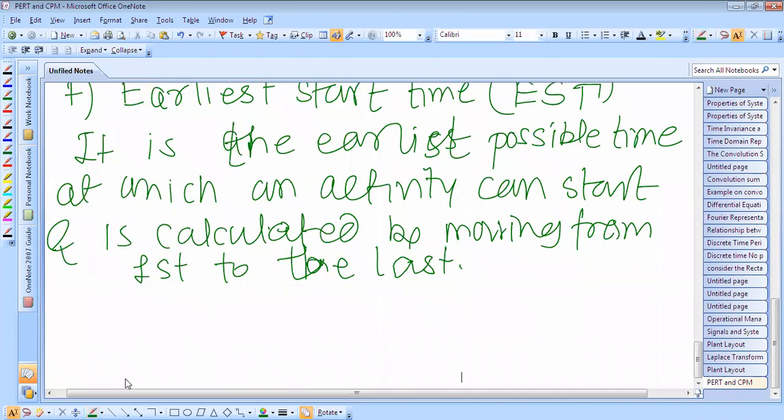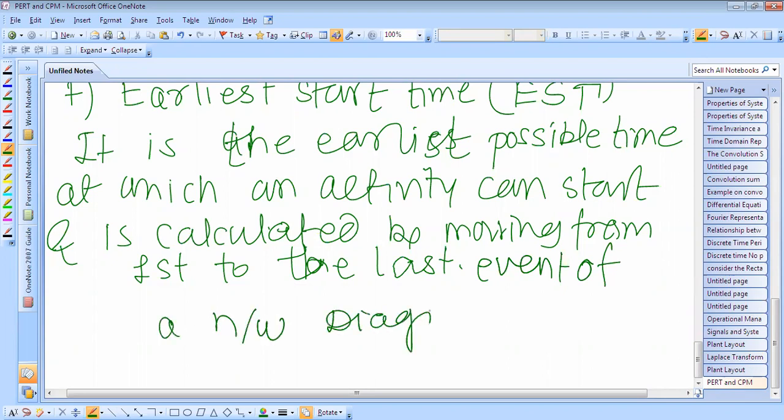From the first to the last event of a network diagram. That is called the earliest start time. It is the earliest possible time at which the activity can start, and is calculated by moving from the first to the last event of the network diagram.